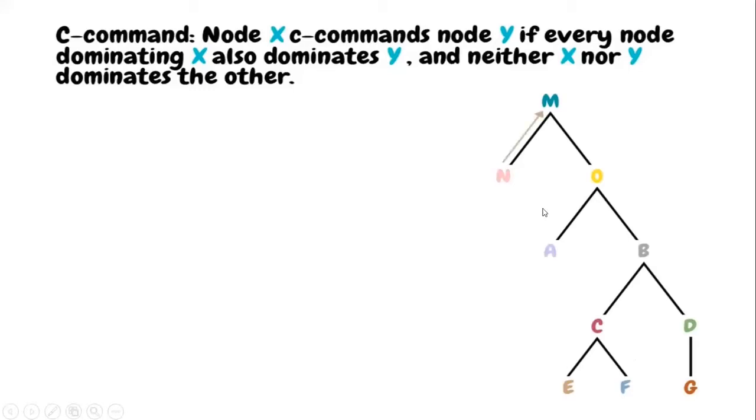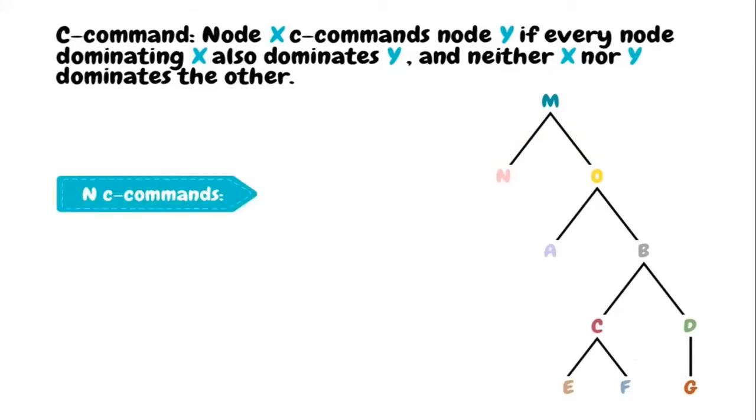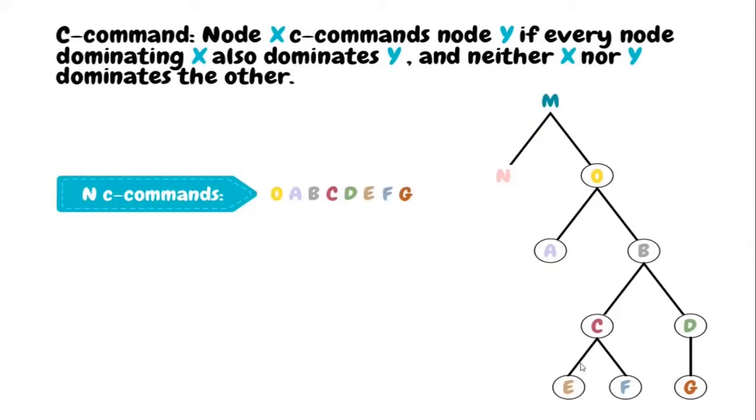Now, from N, we can trace up a line and then go down. So it's obvious that N C-commands O, A, B, C, D, E, F, and G. Now let's see what E C-commands. From E, we can go up once and then down.